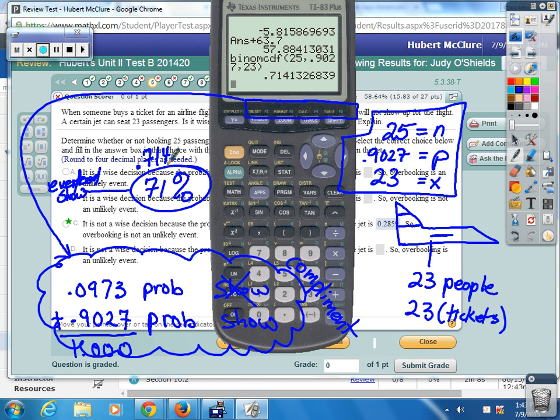So if you want to find the probability of them not showing up, then take 1 minus 0.7141, and that's everybody not showing up. And tell me what that is. Point what? That's your answer.